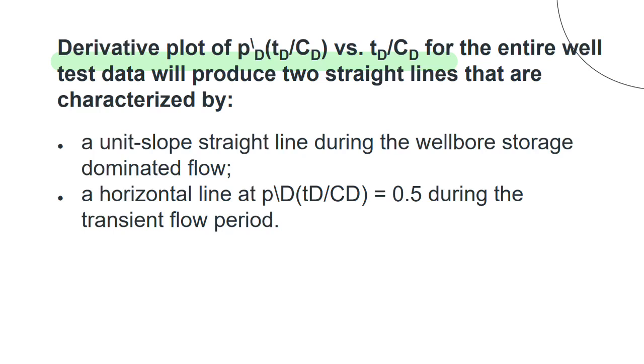A derivative plot of dimensionless pressure times the quantity TD over CD versus TD over CD for the entire well test data will produce two straight lines characterized by: first, a unit slope straight line during the wellbore storage dominated flow. Second, a horizontal line at dimensionless pressure multiplied by the quantity TD over CD equal to 0.5, or 1/2, during the transient flow period.